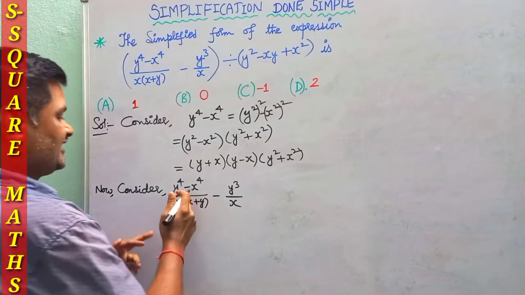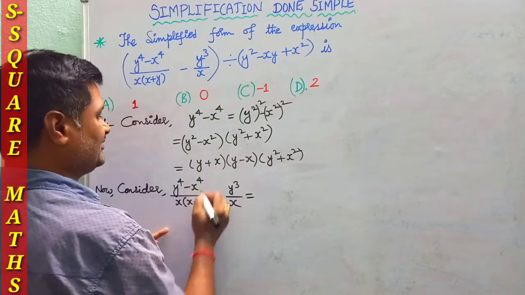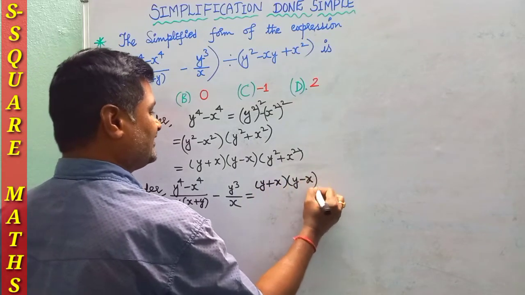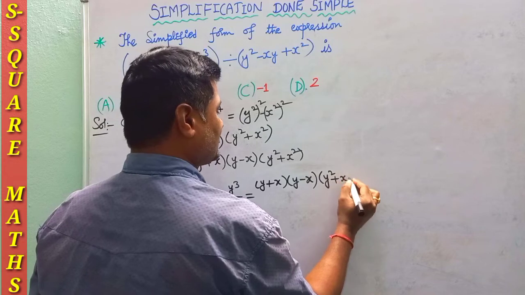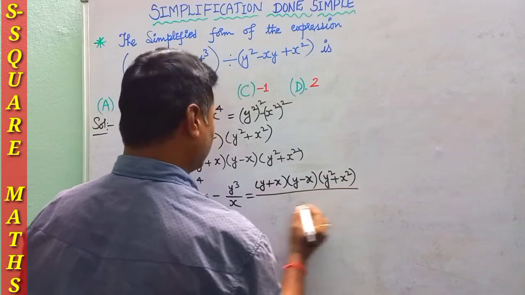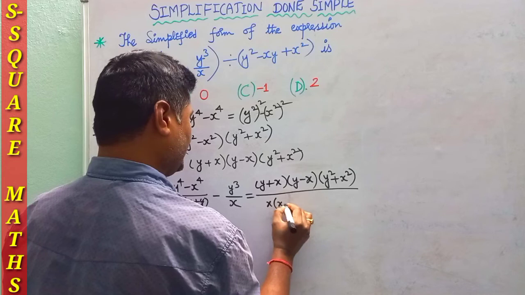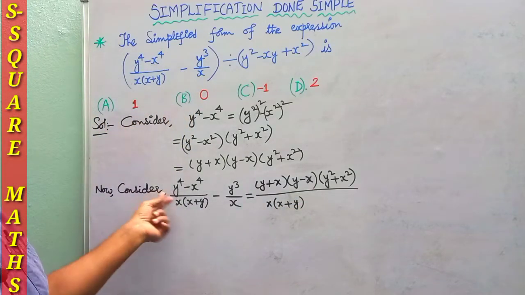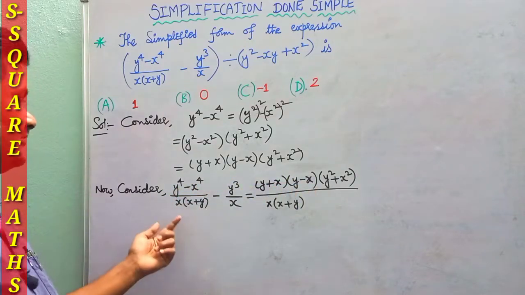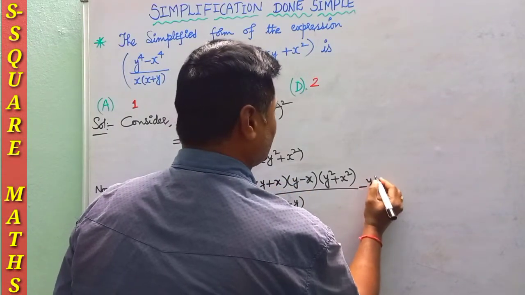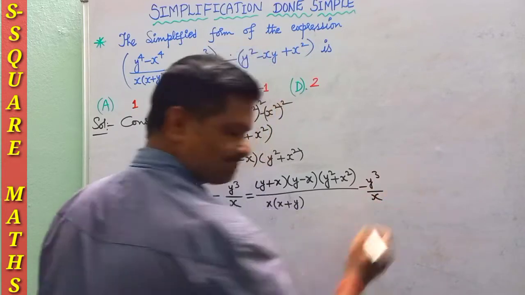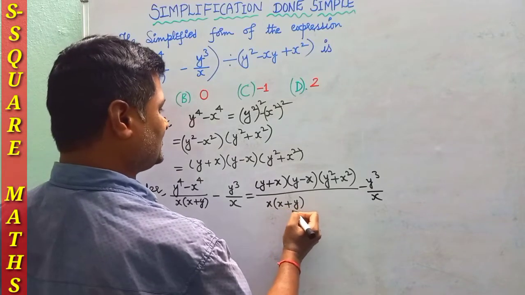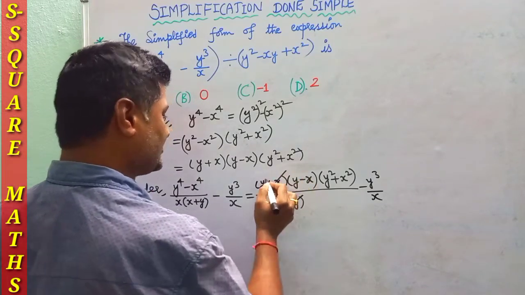Substituting, y power 4 minus x power 4 is y plus x into y minus x into y square plus x square, by x into x plus y. Next, minus y cube by x. Here x plus y and x plus y will be cancelled.